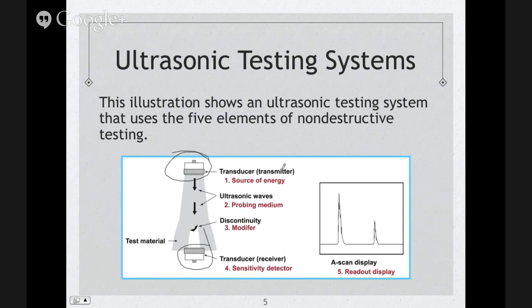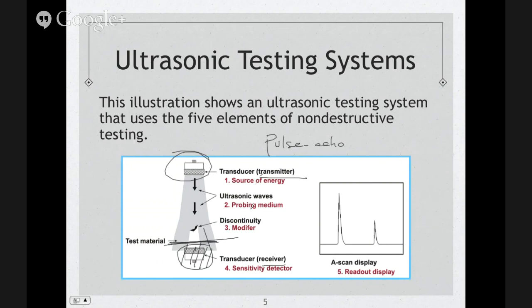One is the transmitter, and one is the receiver. If this was a pulse echo technique, we would not have this receiver here. Instead, we would have an interface of the metal, and this transducer would be a transmitter and a receiver. It would act as both.